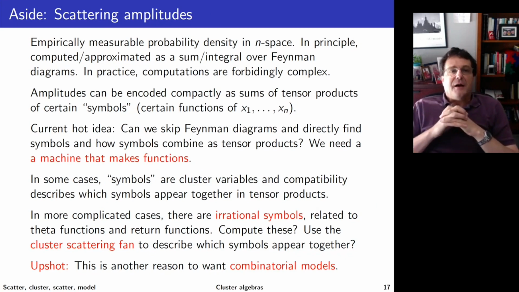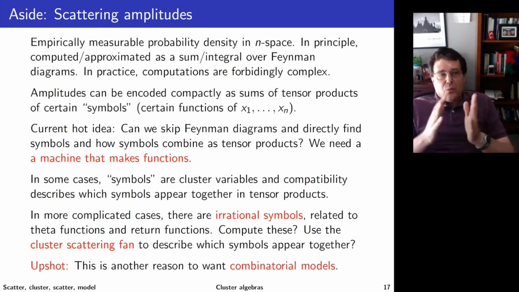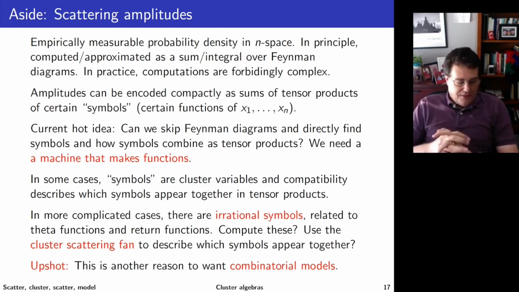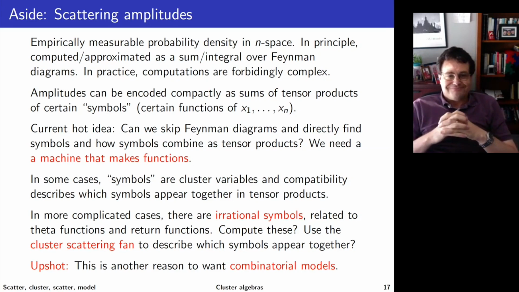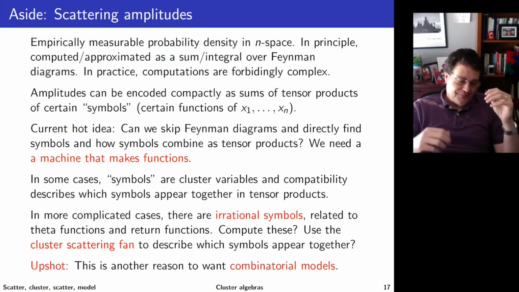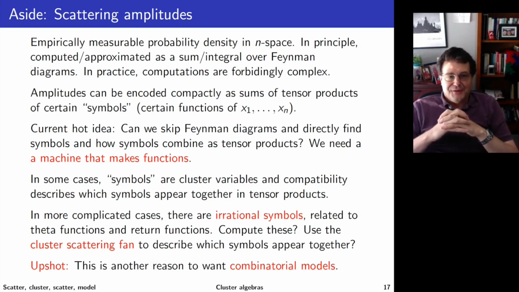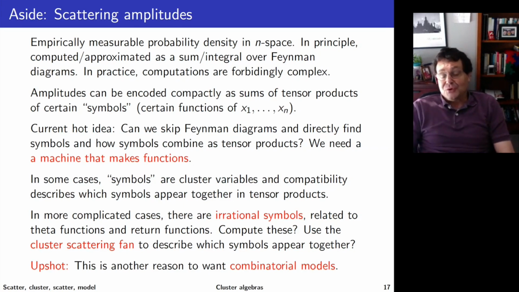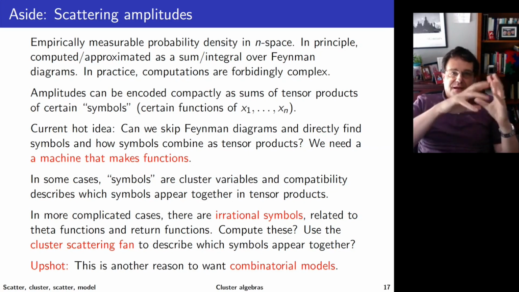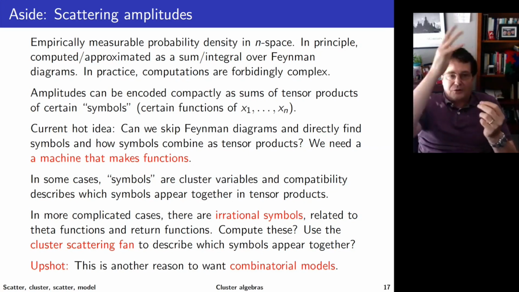So what are scattering amplitudes? Scattering amplitudes are, in some sense, as rooted to the ground, non-esoteric, non-theoretical physics as you could want to do. You shoot particles at each other, and you see what the probability density is for where that particle goes.